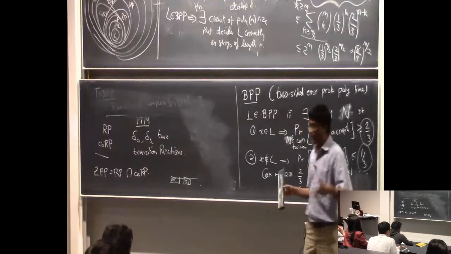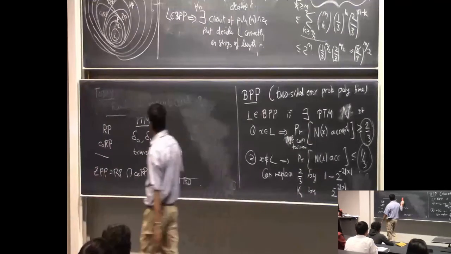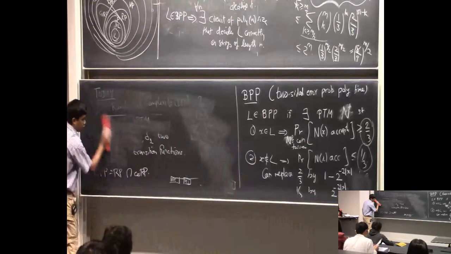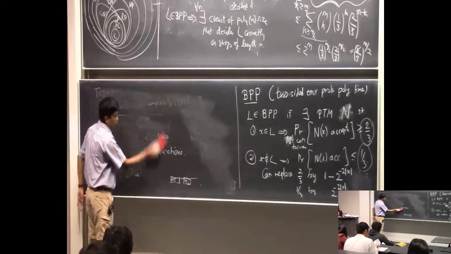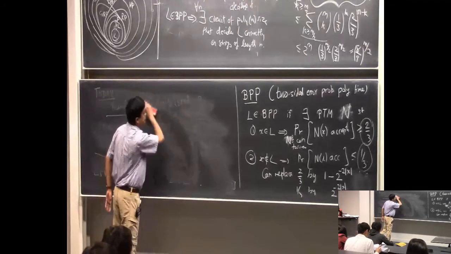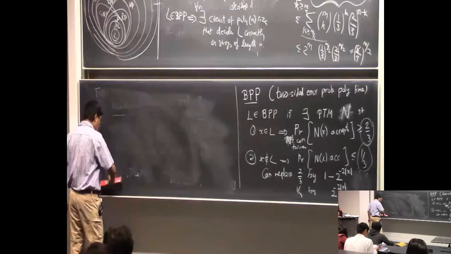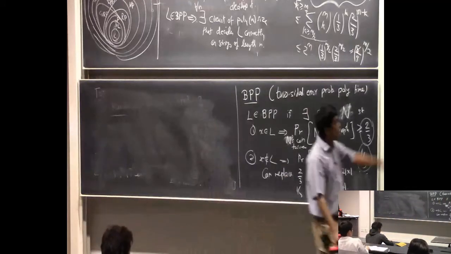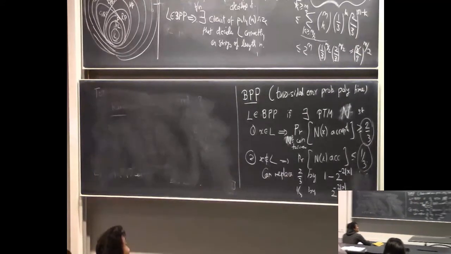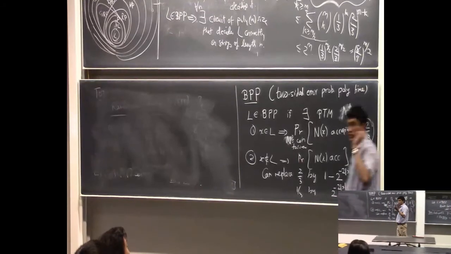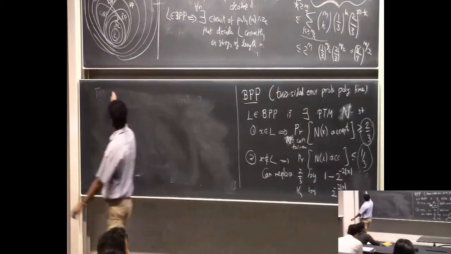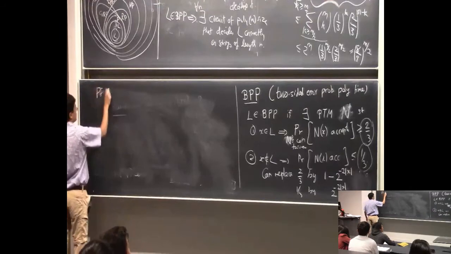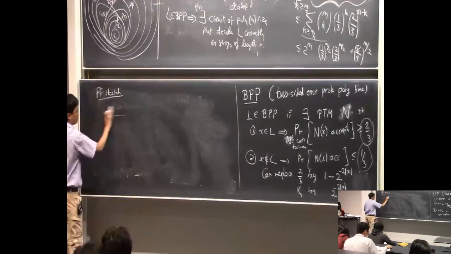There is a quadratic blow up, which you can make t log t if you're more careful, but if you have a polynomial time Turing machine, you also have a polynomial sized circuit. So with that view, it seems we are almost in good shape because we do have a deterministic polynomial time Turing machine M, so let's try to do a proof sketch for what we just said there.